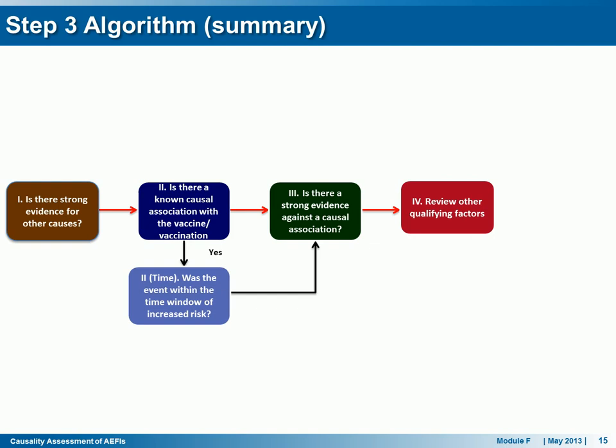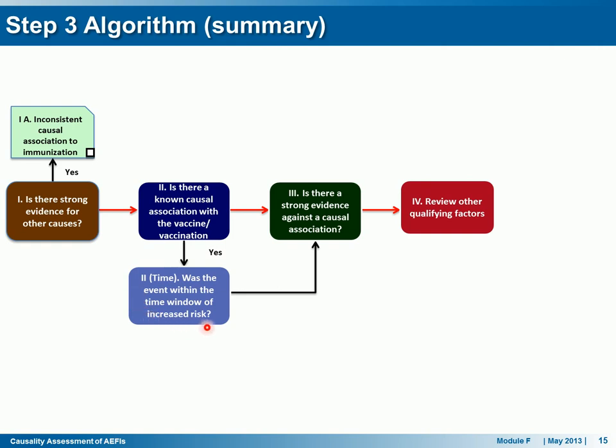If you look at section 1 and you see the question there, if you get a yes answer, you would conclude that it is an inconsistent causal association to immunization, and you would put a tick here. If you go to section 2 and you see that there are yes answers to the question, is there a known causal association with the vaccine or vaccination, you would go back and check for the time factor.